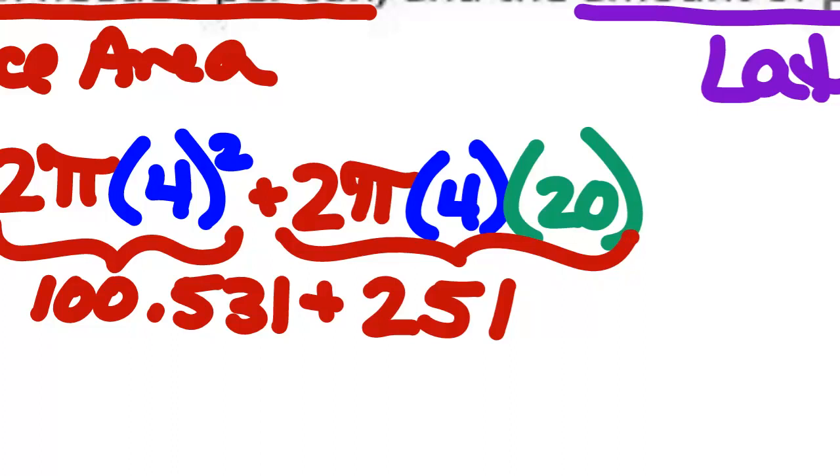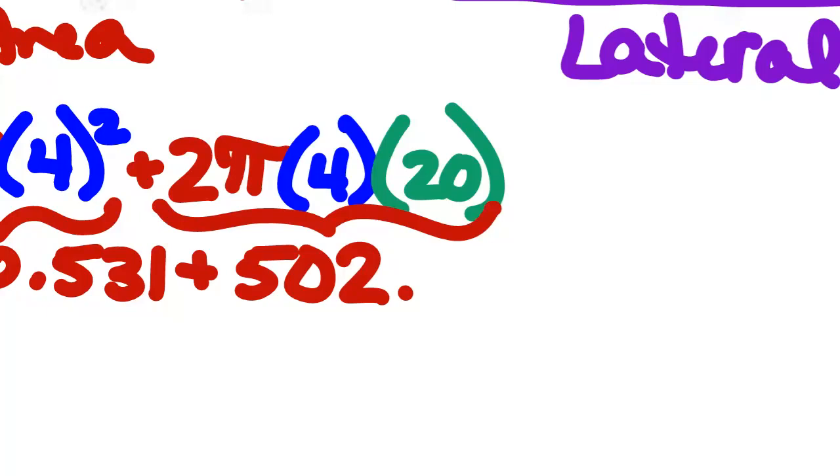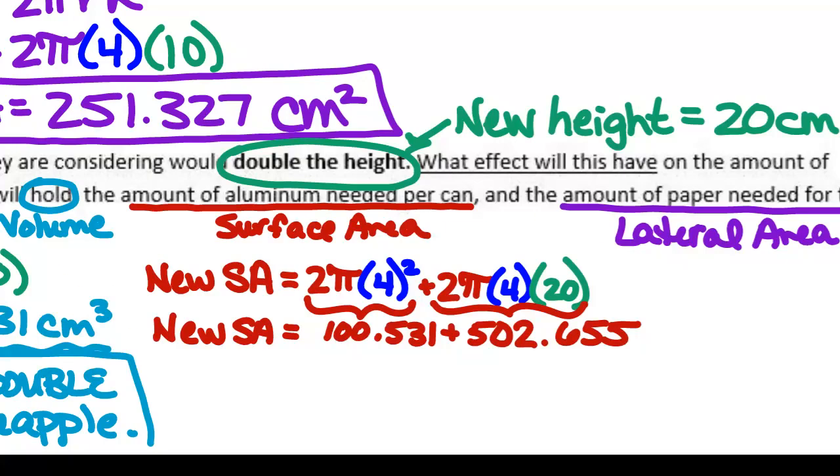You said 251 for 2 pi times 4 times 20? 502.655. Did you use the pi button? You want to make sure that you're using the pi button on the calculators.